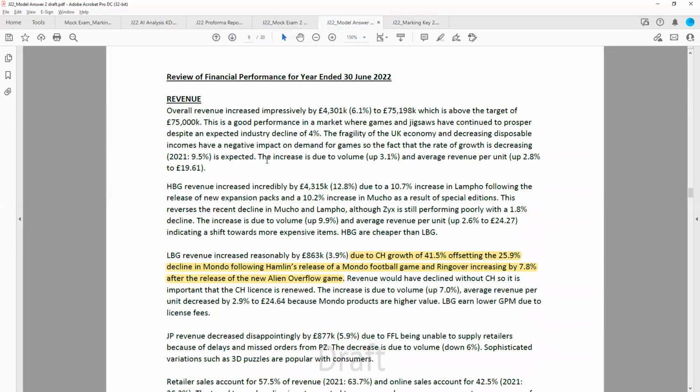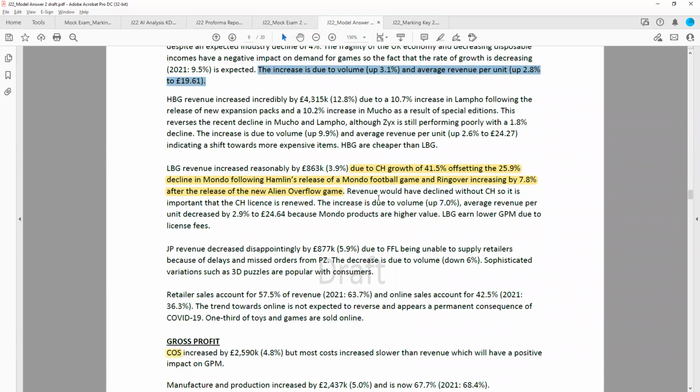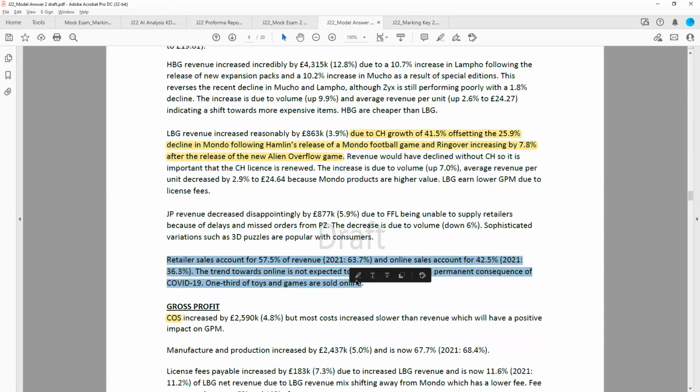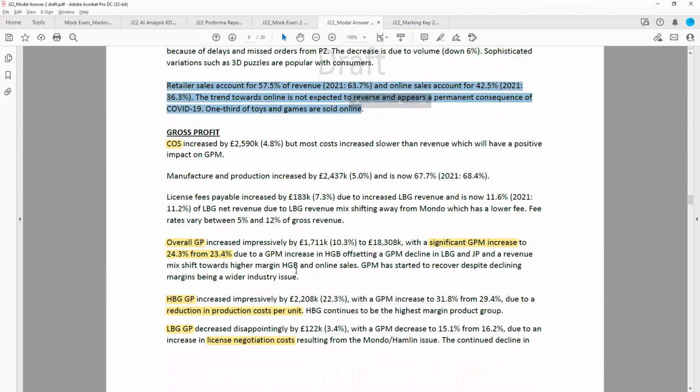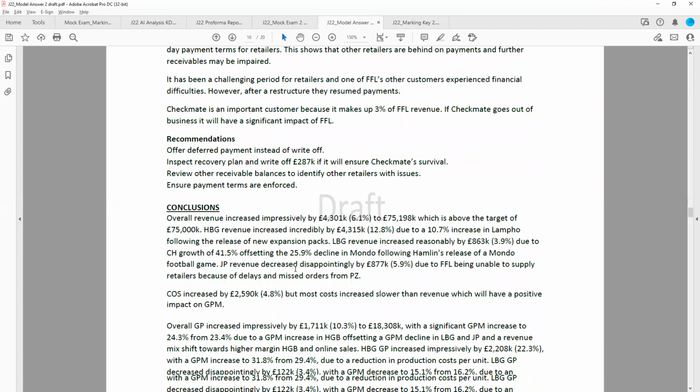We identified that volume was due to growth and a price increase per unit. We identified that LBG revenue would have gone down without CH. We've identified that revenue mix by channels continue to move online. So there's all these other points we've got in here. And our conclusions, they were kind of quite boring.